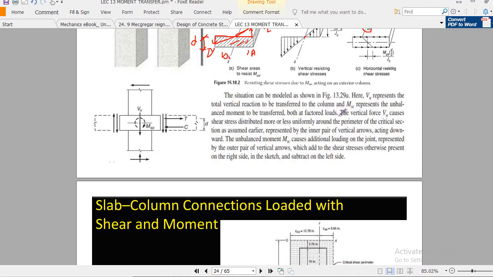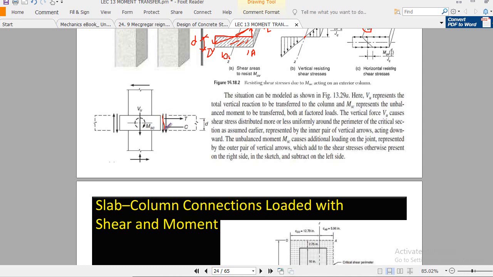We already understand this. But MSC, the slab-column moment, represents the unbalanced moment to be transferred, both at factored loads. The vertical shear force VU causes shear stress distribution more or less uniformly around the perimeter of the critical section, as assumed earlier, represented by the inner pair of vertical arrows.